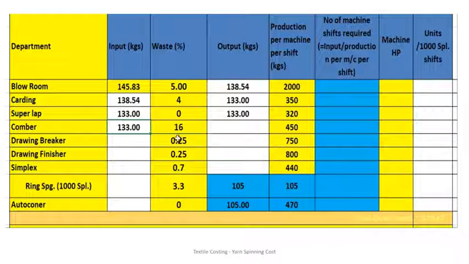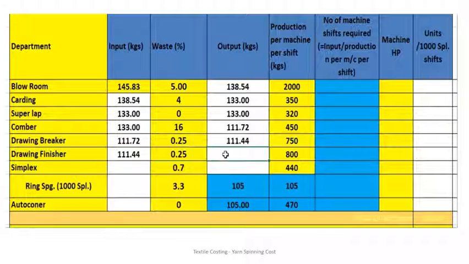Next is comber, input 133, so output is 133 minus 133 into 16 by 100. We get 111.72. Draw frame breaker input 111.72, so output is 111.72 minus 0.25 into 111.72. We get 111.44, which is the input to the draw frame finisher.